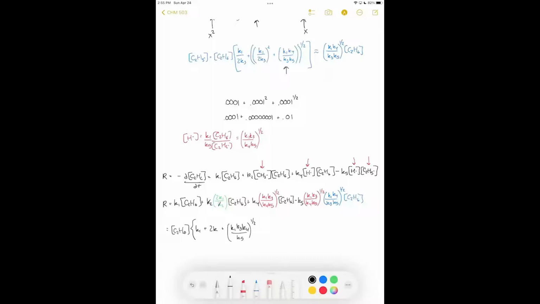And then in the second, what's going to happen here is the K1s will add up, the K3s will cancel, the K4s will cancel, the K5s will cancel with this, and so we'll simply have minus K1.